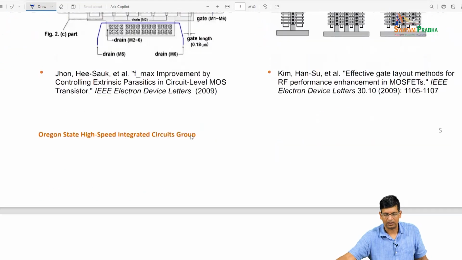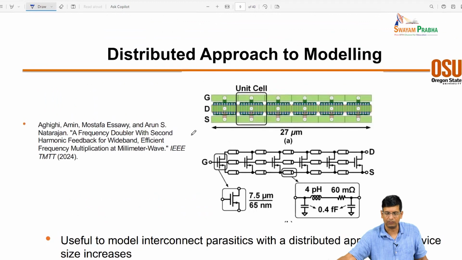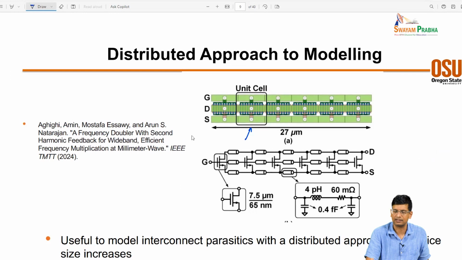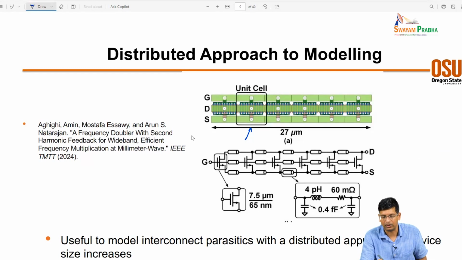The other thing that you can do is this concept of distributed modeling. Once your device starts getting really big, then what you do is you basically make these unit cells, which might be one of those multi-finger arrays of devices, and then you feed your gate and drain like this, and then you're basically building a model for your device where you're adding inductors and capacitors along the device.